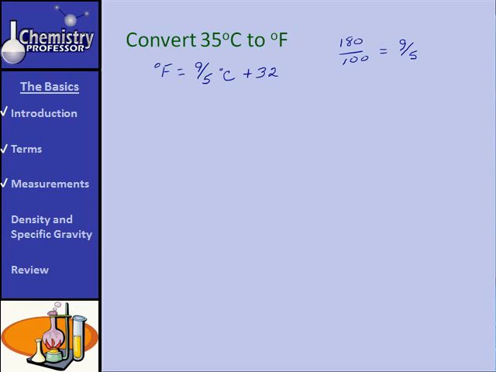And the 32 comes from where the scales start, because the Celsius starts at 0 and the Fahrenheit starts at 32. Well, anyway, degrees Fahrenheit is equal to 9/5 times 35 plus 32. Now let's see, 9/5 of 35, 5 going into 35, 7 times 9, 63, plus 32 is going to be 95 degrees Fahrenheit. All right, that's pretty straightforward.